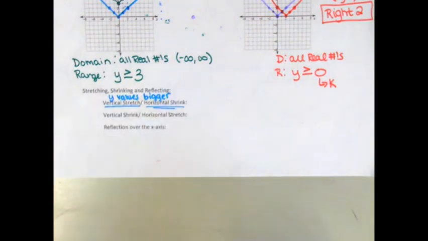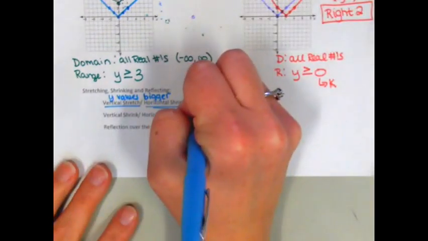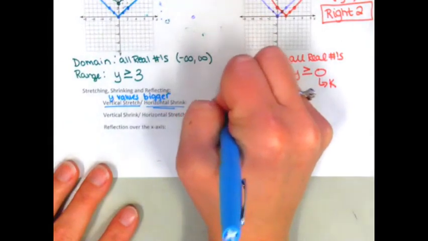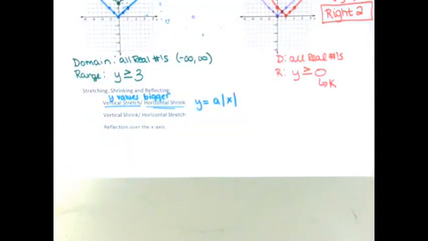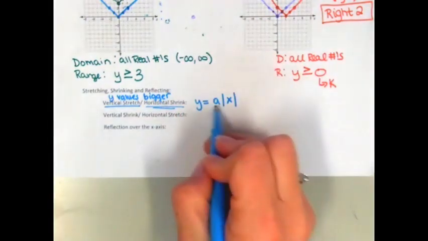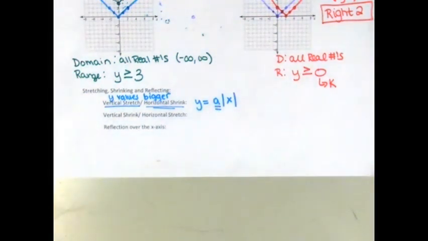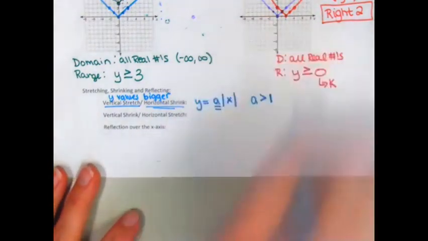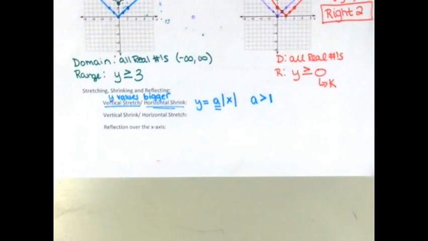Now, I'm going to go ahead and write y equals a times the absolute value of X. So we're going to have a number being multiplied by the absolute value of X. If the A is greater than 1, so what numbers are greater than 1? 2, 3, 4, 5.